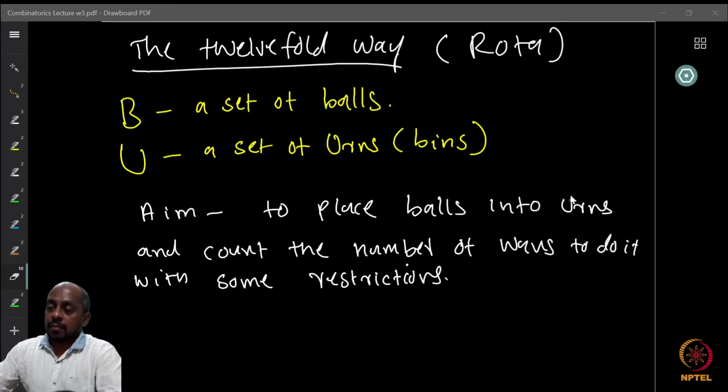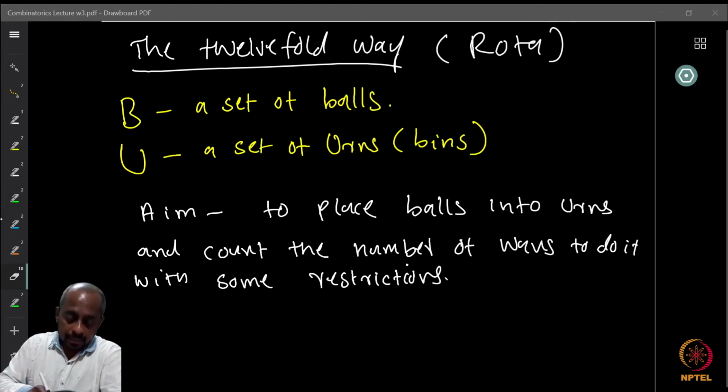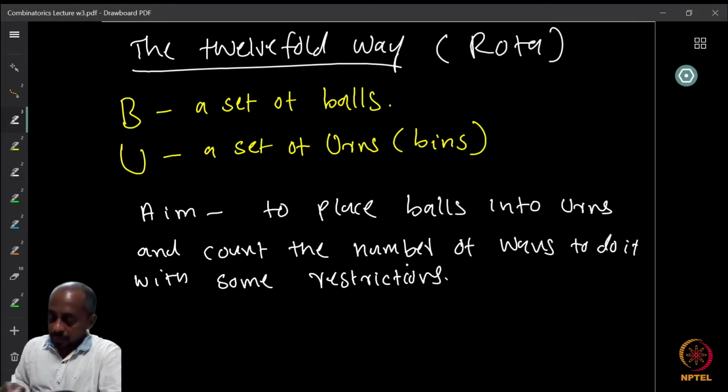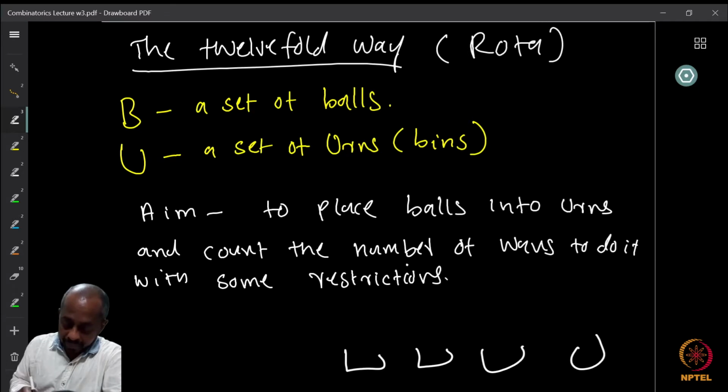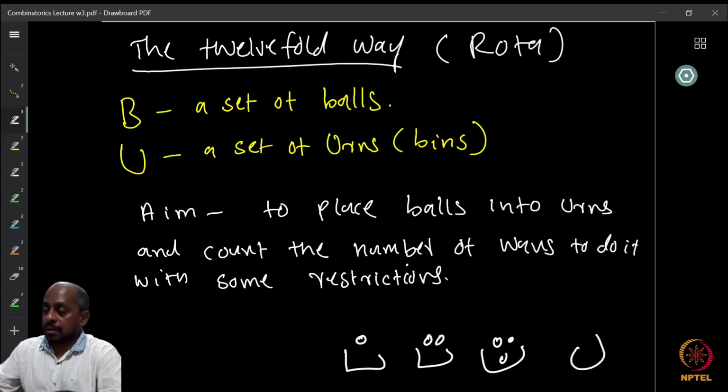So one of the things that you can think of is, if you have your boxes and then your balls, you can say that there is no restriction at all. You just have to distribute the balls to boxes.